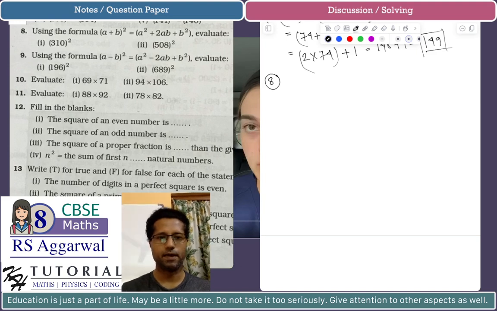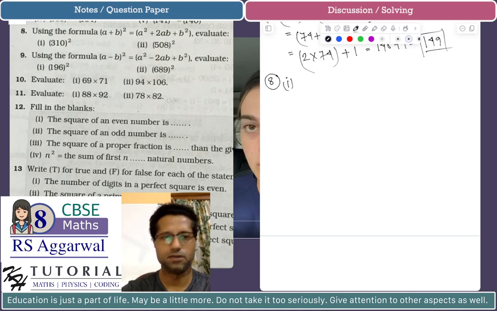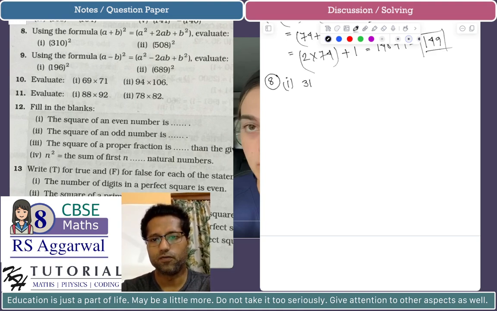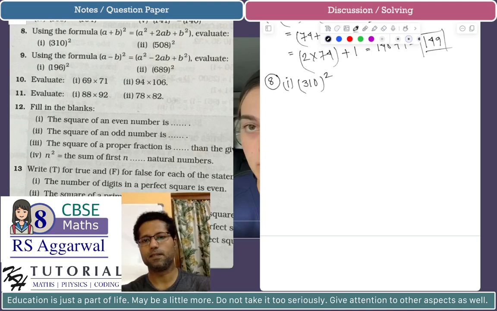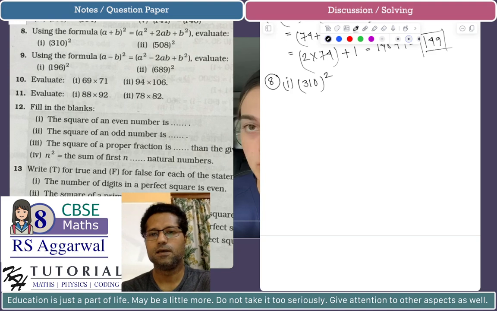Let's do problem number 8. Using the formula a plus b whole square equals a square plus 2ab plus b square, evaluate. Now this is just a time consuming computation. You just have to evaluate using the formula, but you have to wisely express 310 as a plus b.